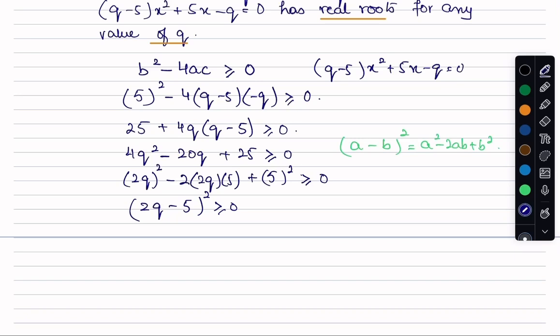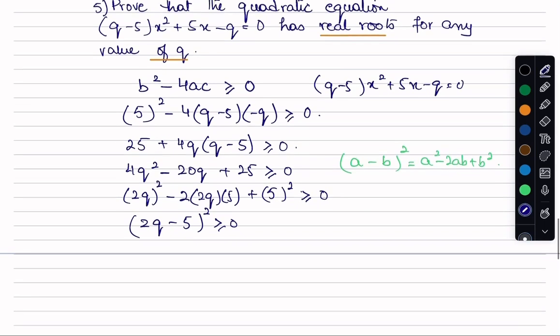Now the whole square shows that for any value of q that I substitute here, (2q minus 5) the whole squared will always be positive or greater or equal to 0. Therefore, it shows that there have to be real roots to the equation for any value of q that can be substituted here.